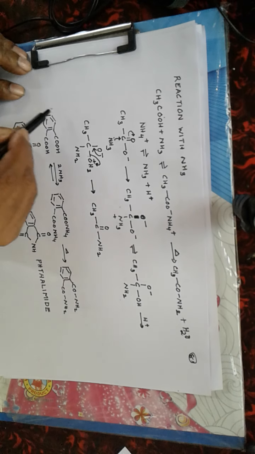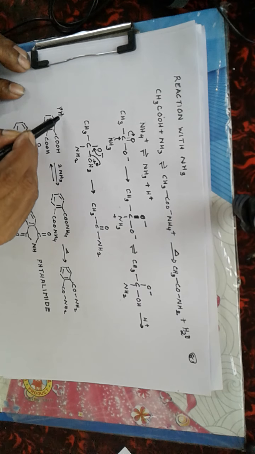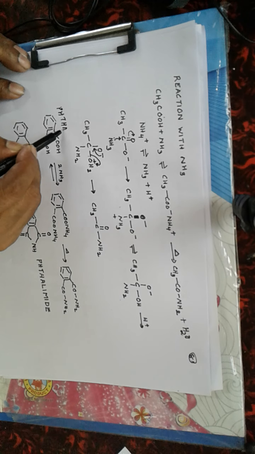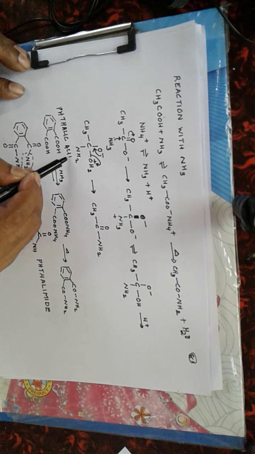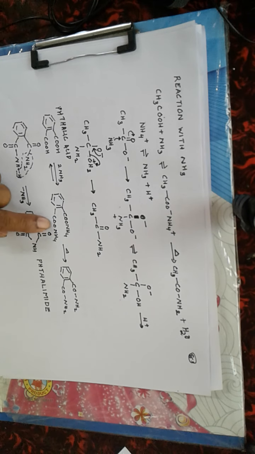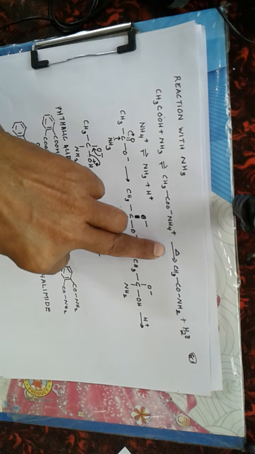Now one particular reaction is given in the text that you have to study. This compound is called phthalic acid. With ammonia we get ammonium phthalate, which on heating gives a reaction similar to this one.